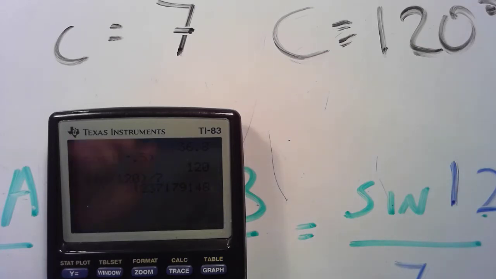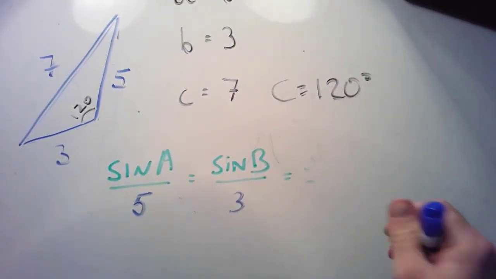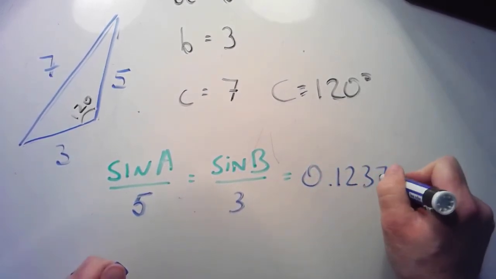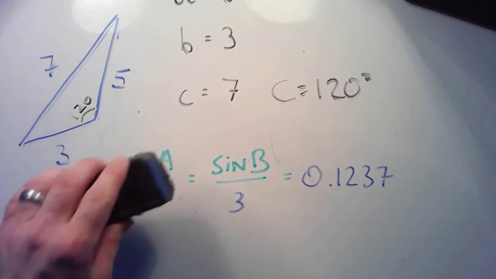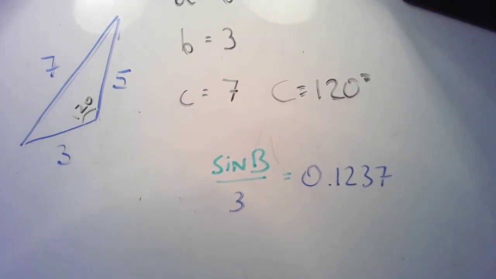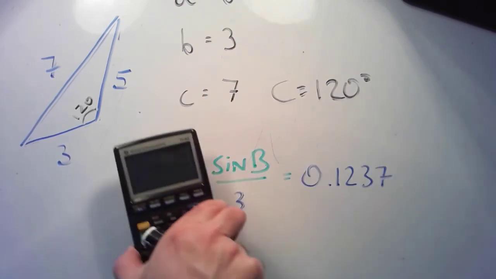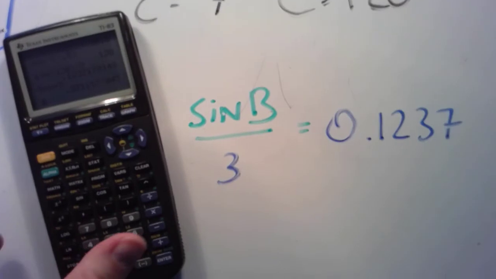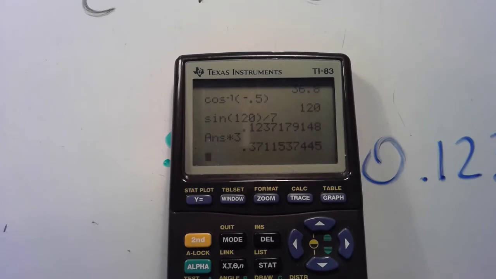All right. So I can basically replace this with what the calculator just said, 0.1237. Okay? So let's just do this part. If you want to know the sine of B, multiply both sides by 3, and that is 0.371153.